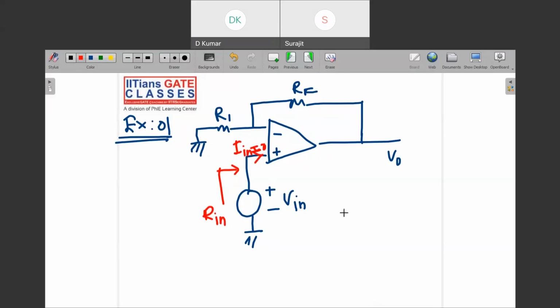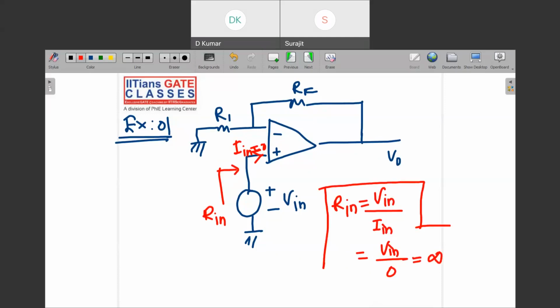So R in will be V in by I in, right? What is I in here? I in is 0, which means the input resistance of this amplifier will be infinite. So you are looking from the input terminal, the non-inverting terminal, right?